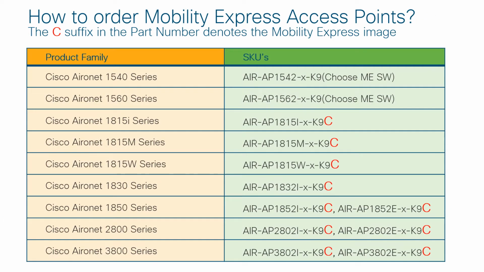One key thing to remember when ordering Mobility Express capable access points: an SKU or part number ending in the letter C comes shipped with Mobility Express installed by default. To ensure you receive the right access point with the right software, always remember to order an access point with a part number that has a C at the end.